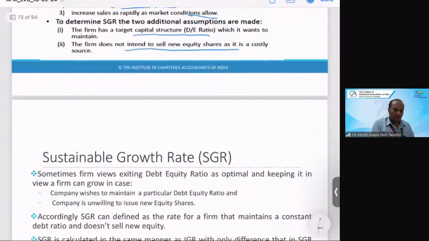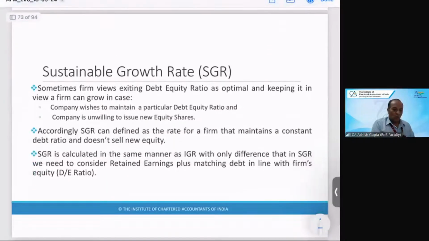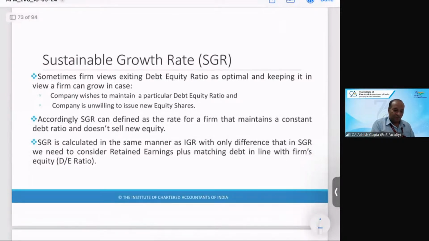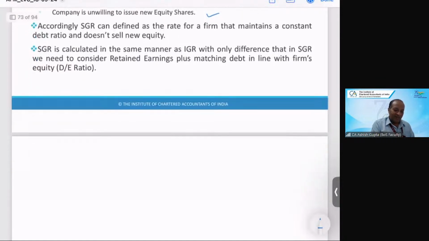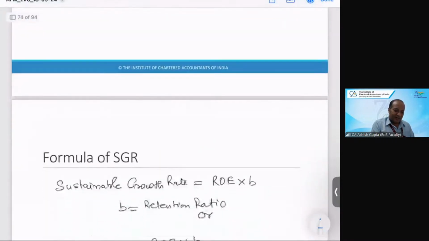So the company wishes to maintain a particular debt equity ratio. Okay, so how is it calculated, let us see.